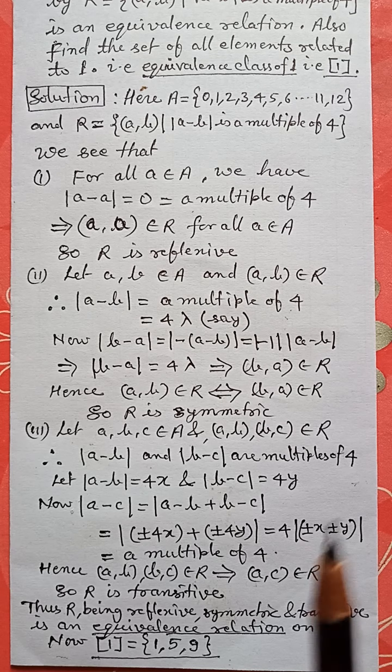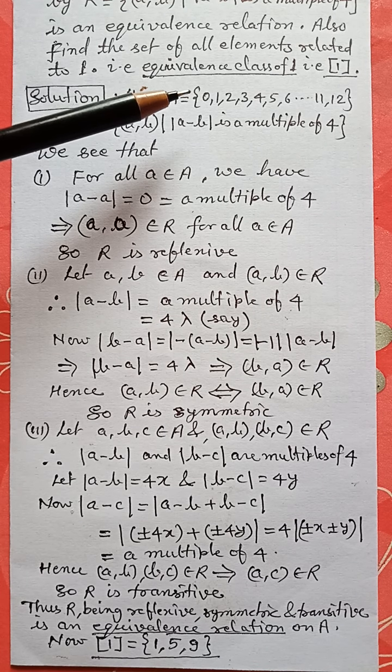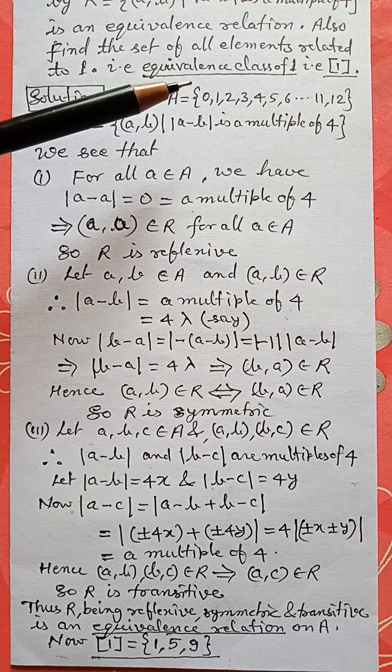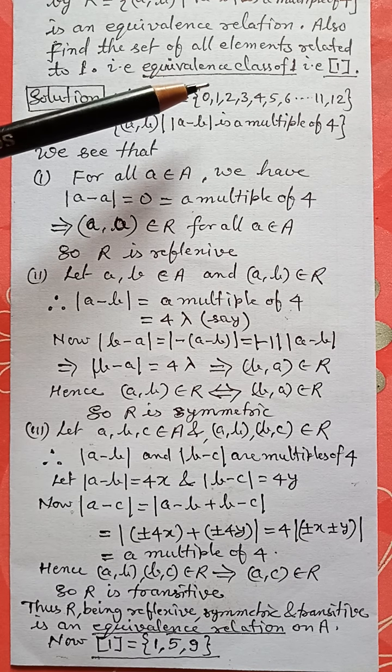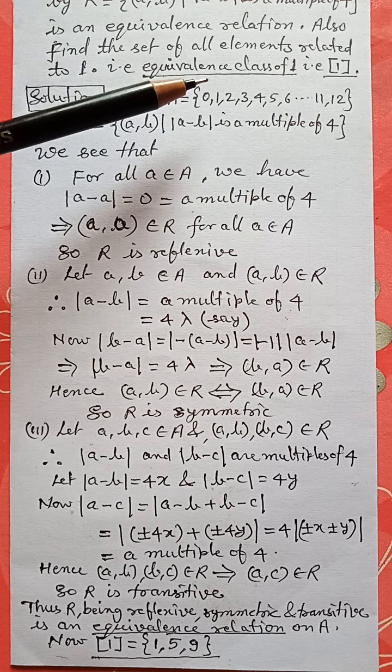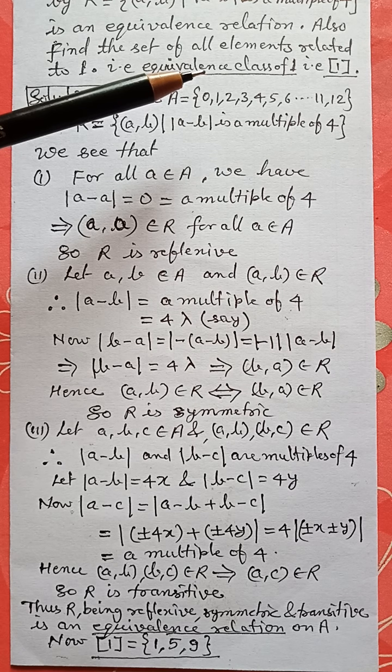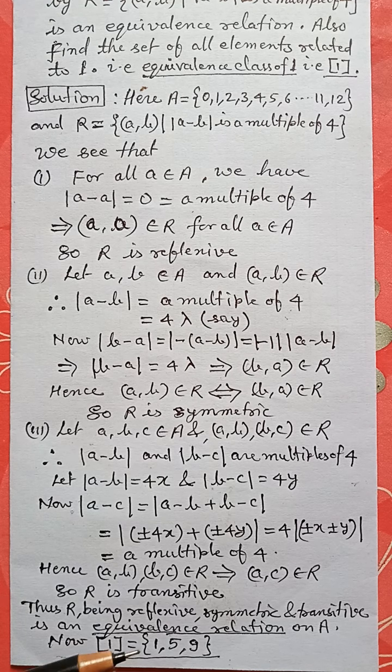Now if you see 1 minus 0, that is 1, is not a multiple of 4. Therefore, 0 is not related. 1 minus 1, that is 0. And 0 is a multiple of 4. Therefore, 1 is related. Therefore, we have written 1. Similarly, 5, because 1 minus 5, that is minus 4. And 4 is a multiple of 4.